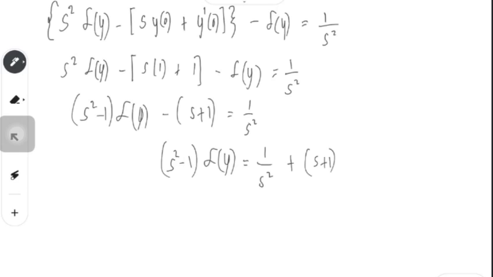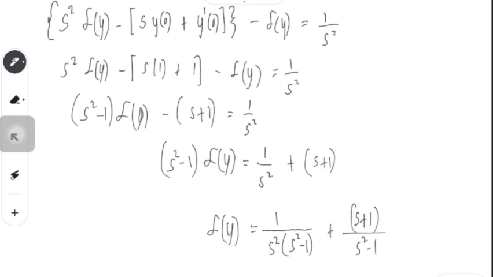Such that dividing the whole equation by s squared minus 1, the Laplace transform of y is 1 all over s squared, then s squared minus 1. The other, we have here plus s plus 1 divided by s squared minus 1.